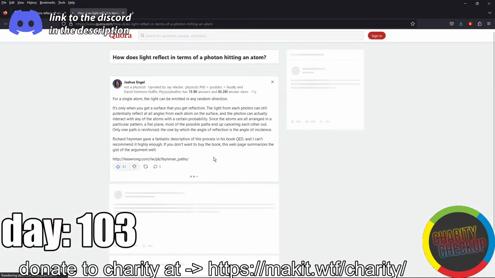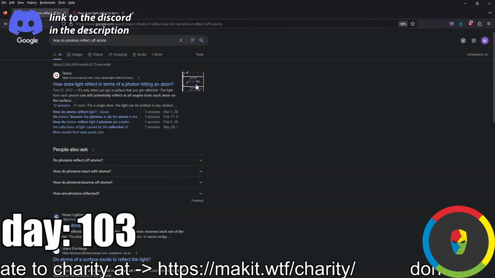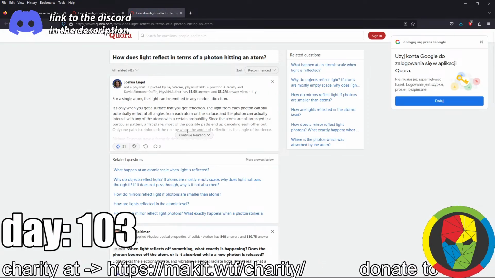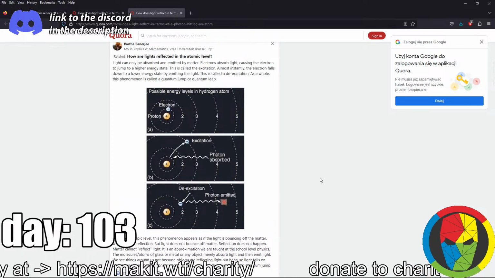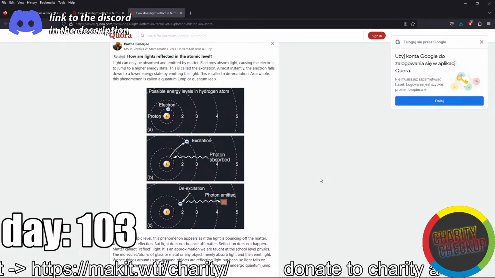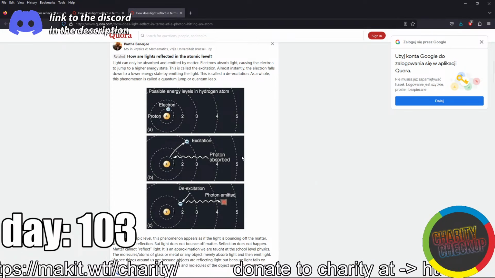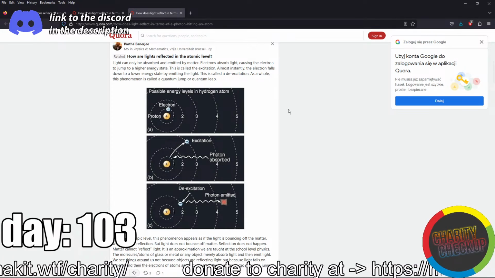I mean, over here we should have a graphic for this, right? This graphic. Yes, that's what it looks like. And it's kind of insane. I mean, every single time a photon is reflected, that's what happens.